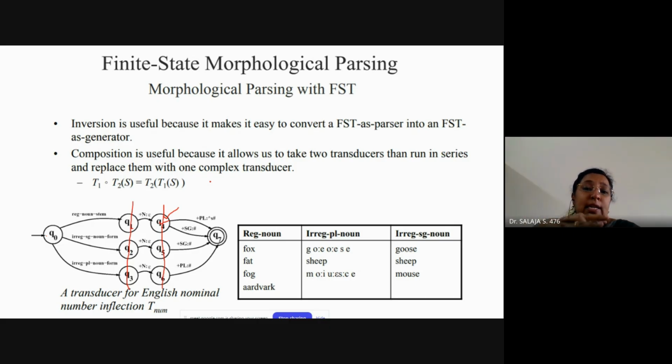Easy way of understanding. If I could add two numbers using a finite state automata, is that allowed? That is allowed. And if I have to subtract two numbers x and y, x has to be always greater than y.